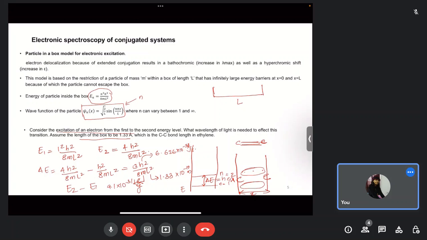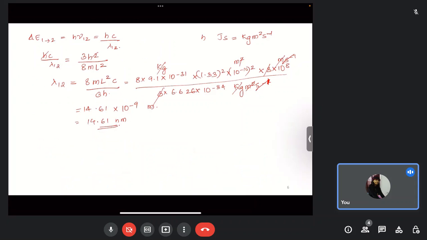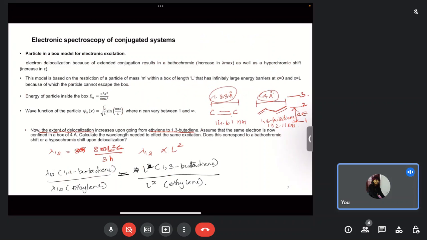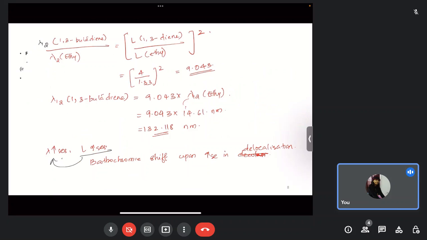In the second part, we went over a problem with ethylene: what is the wavelength of the light associated with the transition from n equal to 1 to n equal to 2 in ethylene. In the next question, we looked at how the path length being increased for 1,3-butadiene affects the wavelength of the excitation between the same levels, and whether it will cause a bathochromic shift or a hypsochromic shift.